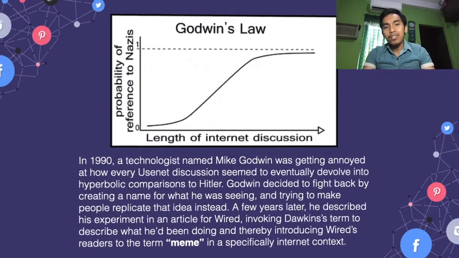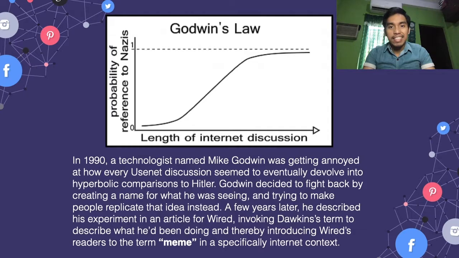Up until dumating yung taong 1990, nung gumamit ang isang technologist na si Mike Godwin ng isang image, itong pinapakita ko sa inyo. Pinost niya yan sa isang discussion forum na tinatawag na Usenet during that time. Siguro sa panahon ngayon, yan na yung Reddit natin today.